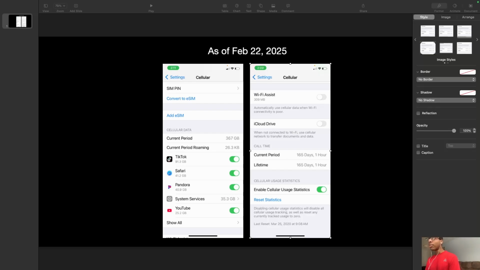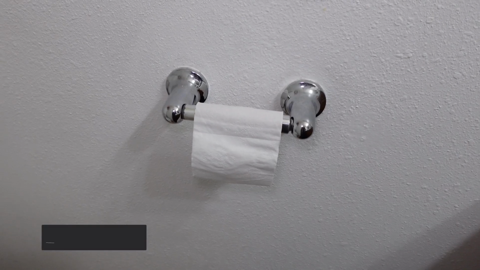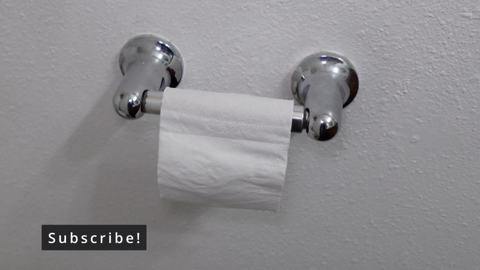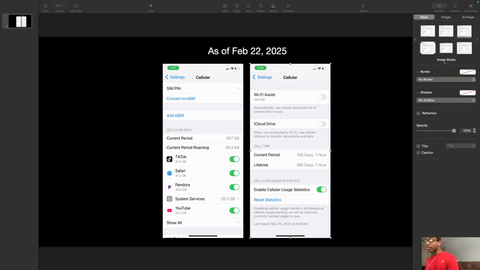And I say, well, wait a minute, there's a caveat. I don't have unlimited data.